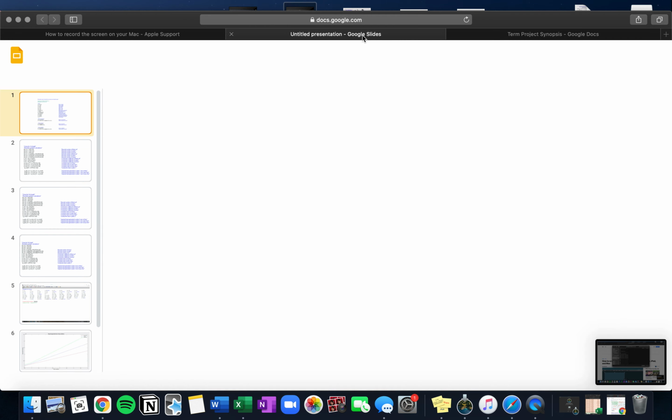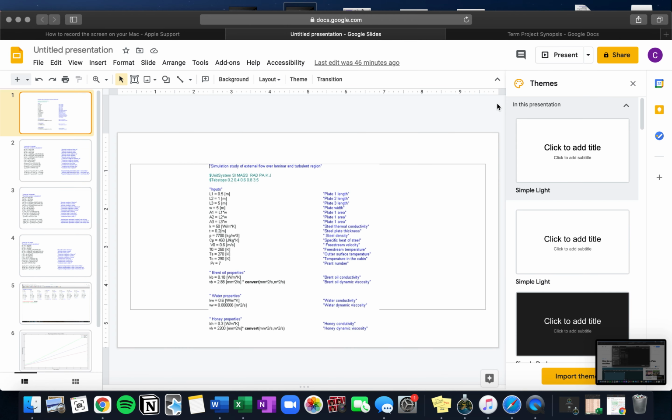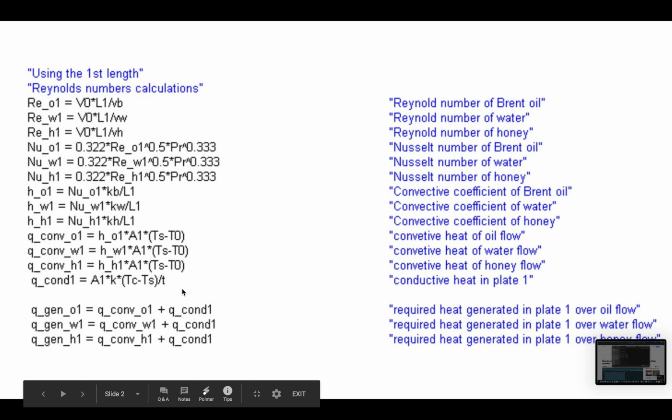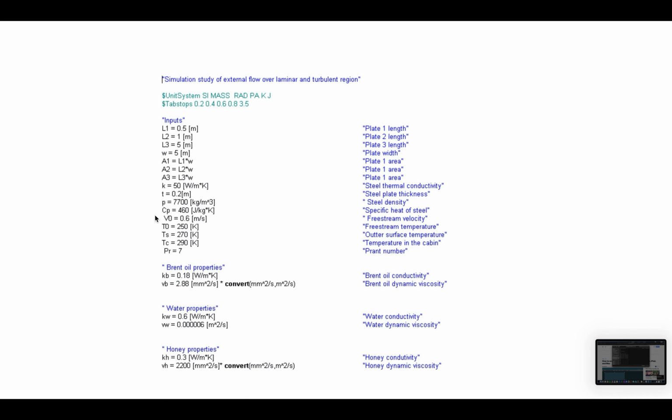So let's have a look at the Excel model. On the slide right here, I have set up the properties inputs of the plates and the flows.